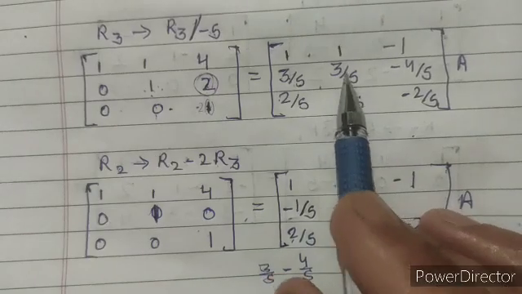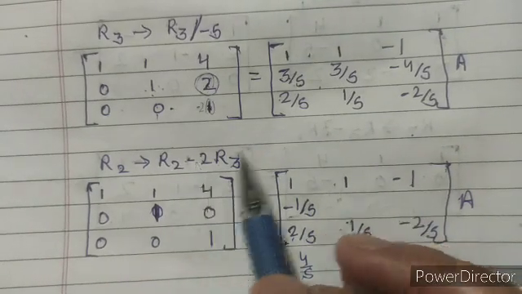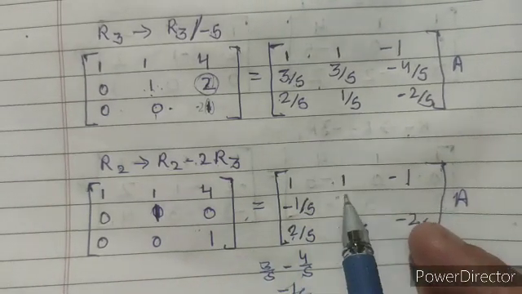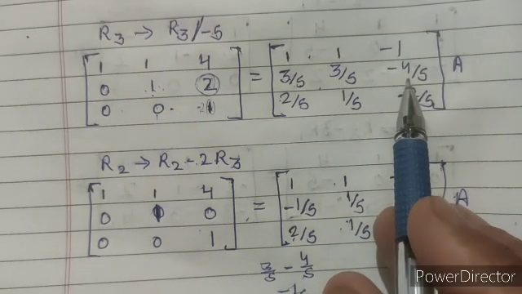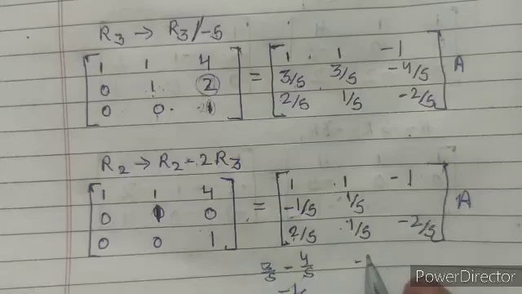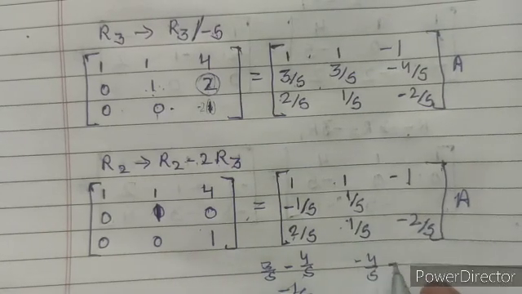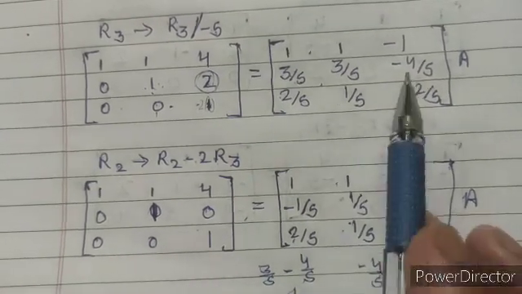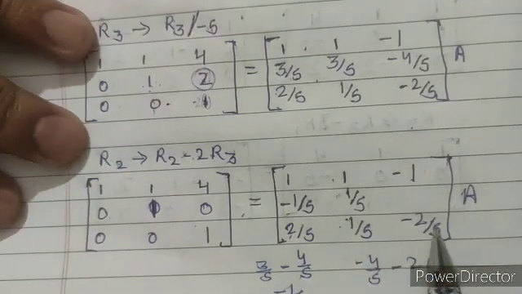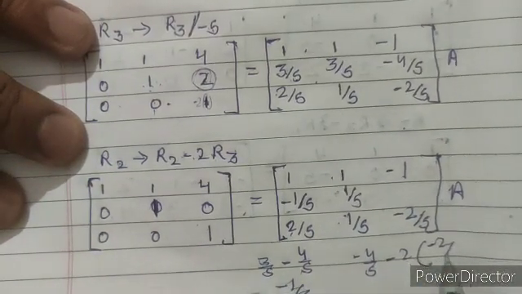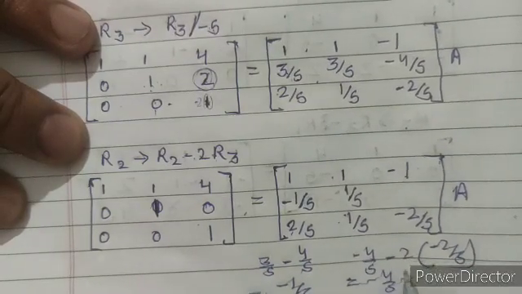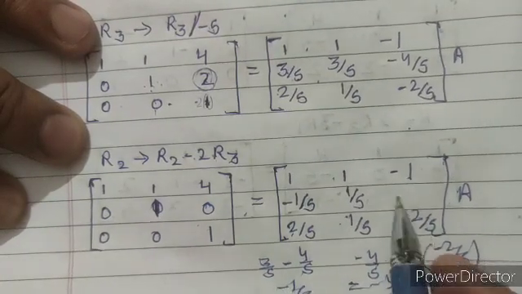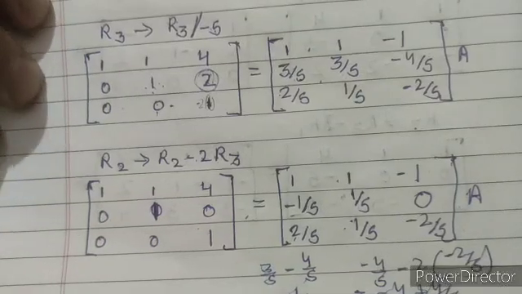Similarly, 3 by 5 minus 2 into 1 by 5 will give us 1 by 5. And in the last element, minus 4 by 5 minus 2 into minus 2 by 5 will give us minus 4 by 5 plus 4 by 5. That means this will be equal to 0.